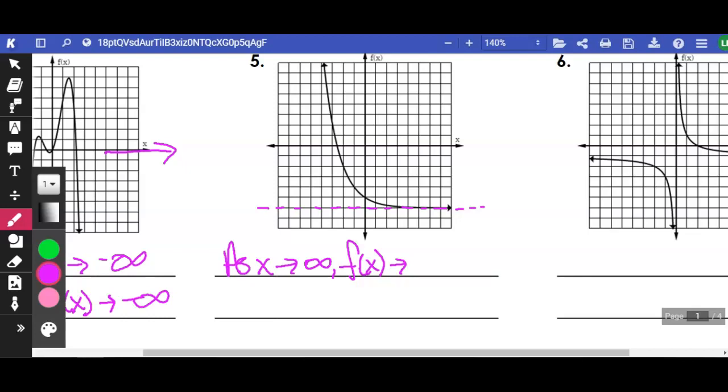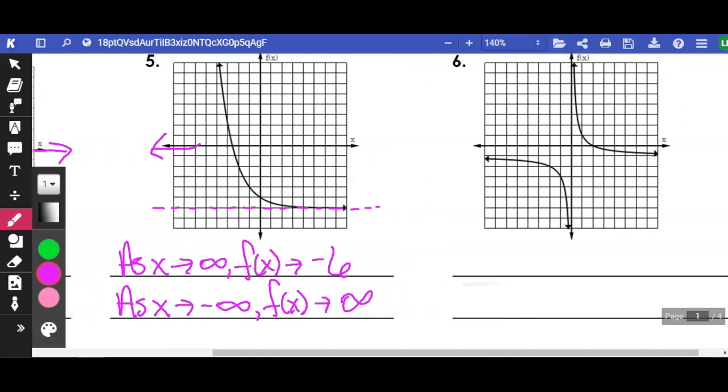It's approaching this asymptote, never going to get there, so we're approaching 1, 2, 3, 4, 5, 6, -6. Right? And then as x approaches negative infinity, f of x approaches. So as x gets smaller and smaller, y gets bigger and bigger all the way to infinity. Notice that that horizontal asymptote didn't affect anything.